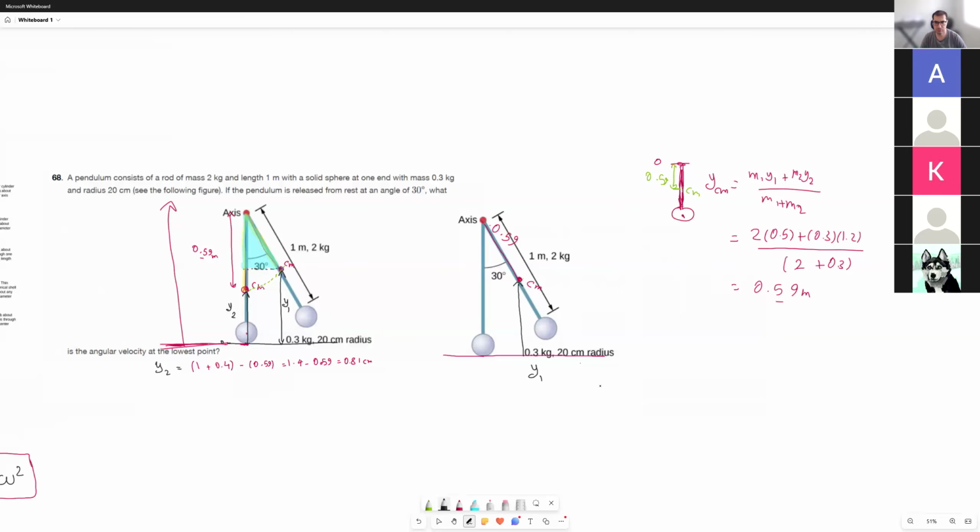We are looking for MGY. Okay. If you're not looking at the center of mass, what should you look at? You have to look at every single bit of particle on this system.